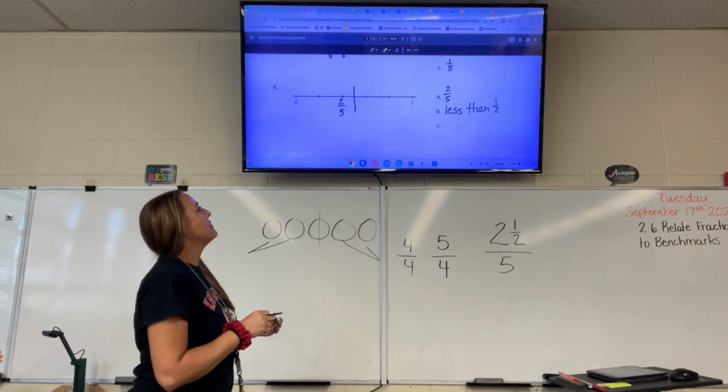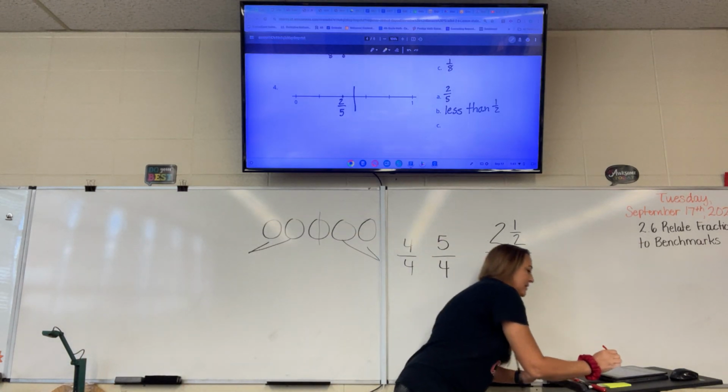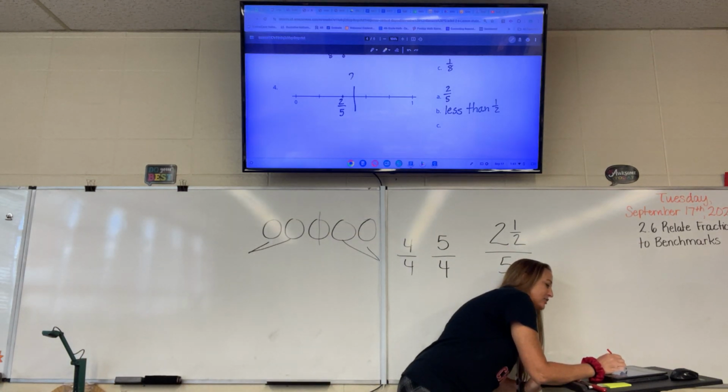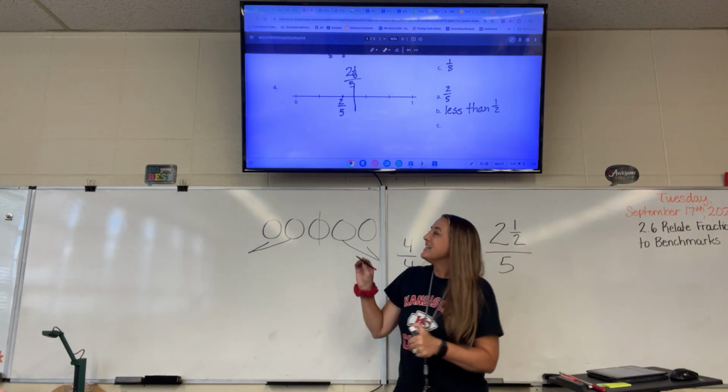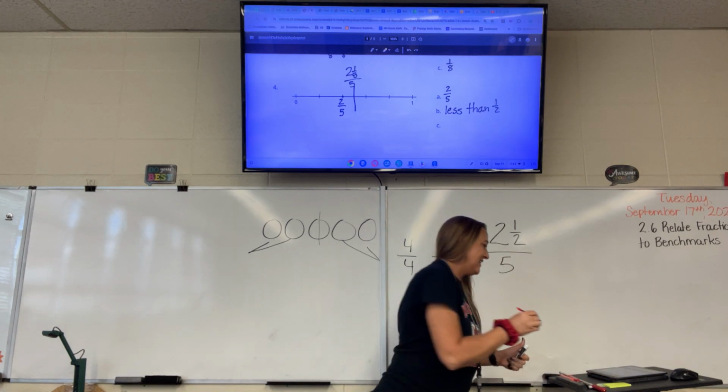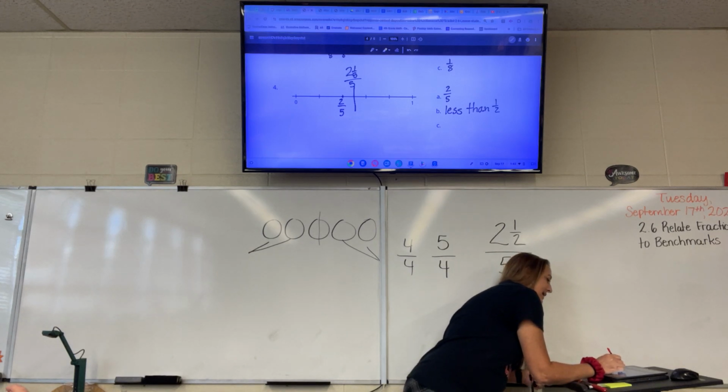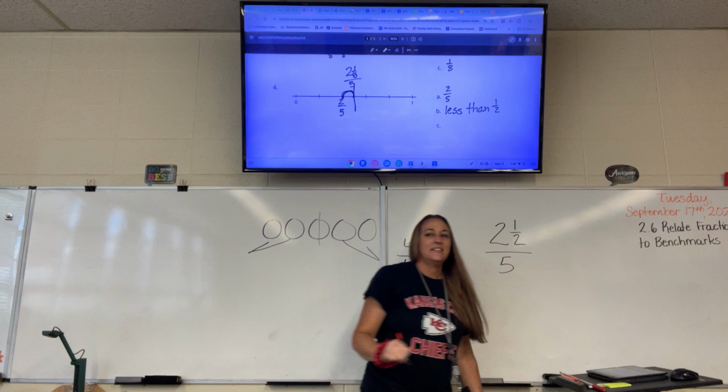Let me backtrack. So this fraction is 2 1/2 fifths. What is the distance from right here to right here? What is that distance?